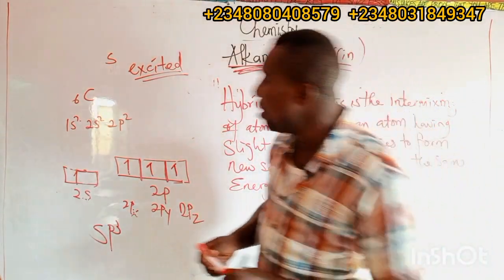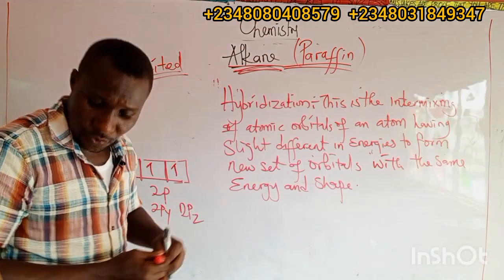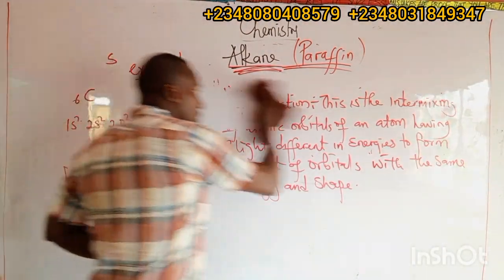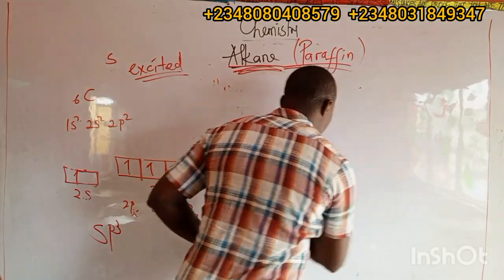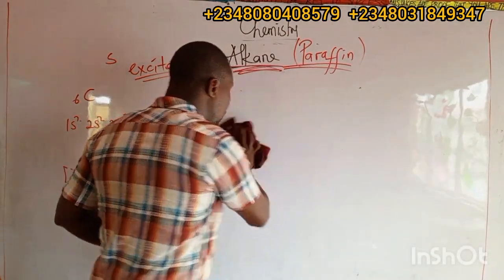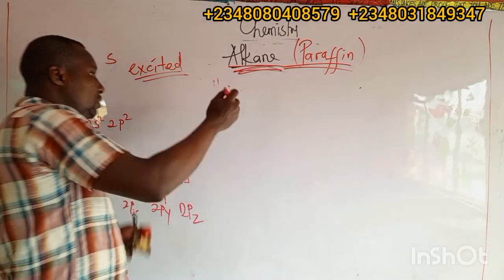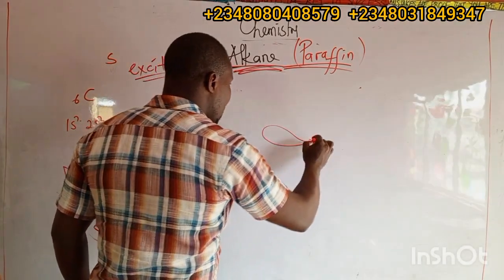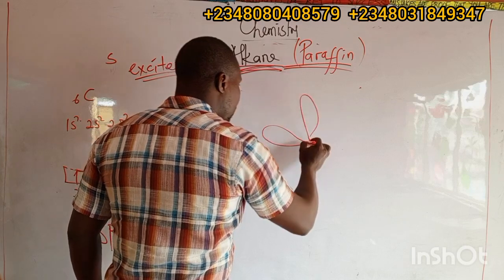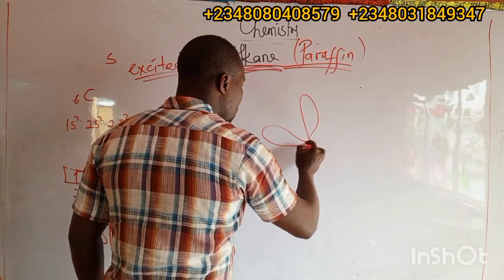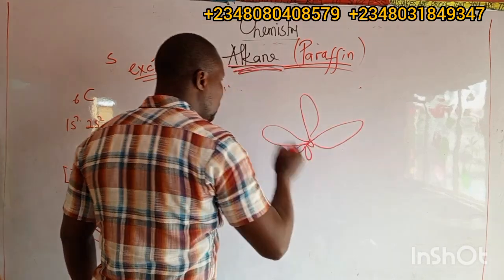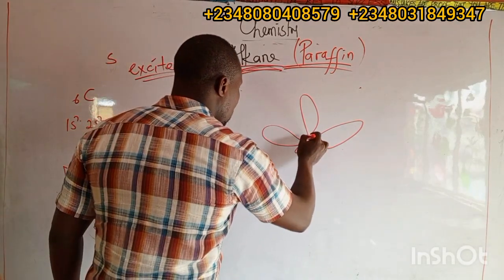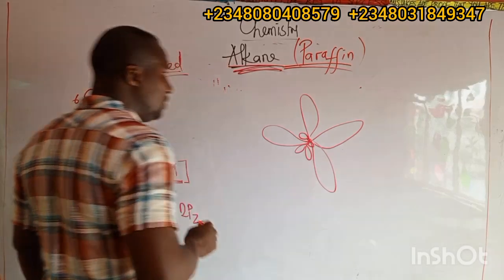And the bond angle, let me give you, when you have this, let me rub this up. That means you have the first px, we have py, you have pz, then one s is mixing. We have this.